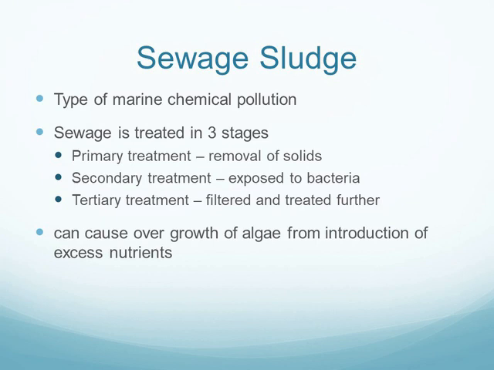And then tertiary treatment takes it a step further. So it does remove solids, it does kill some of the bacteria, but it also applies a UV filter and extra filtration, and it removes any excess nutrients from the water. So it's almost to the point where it's gray water.